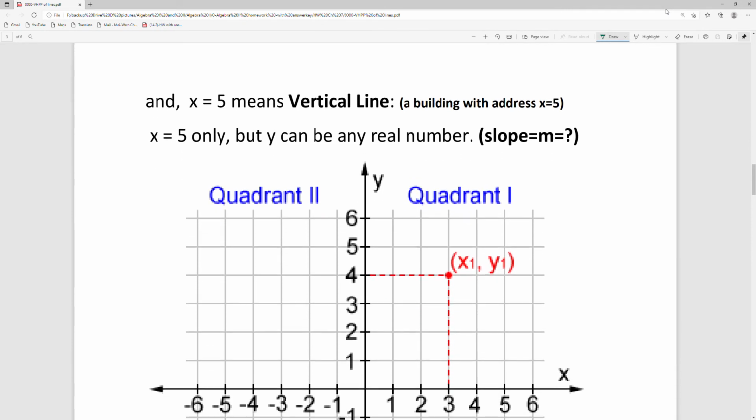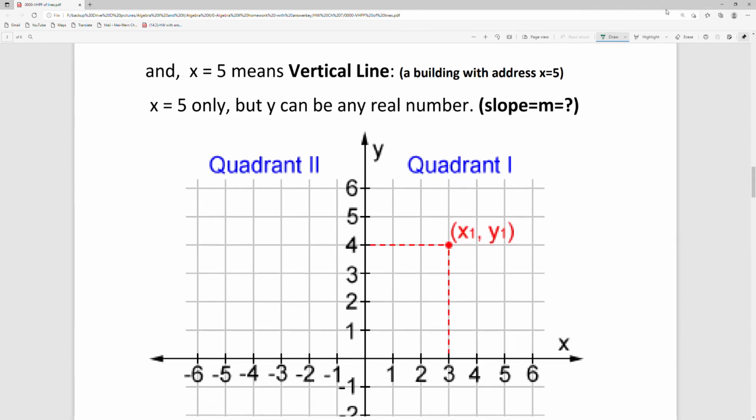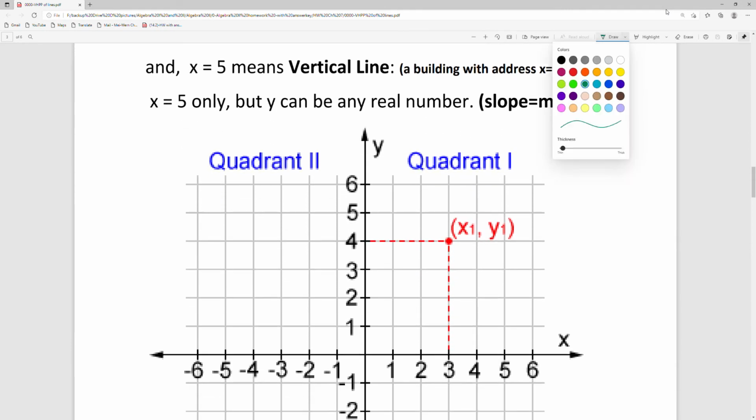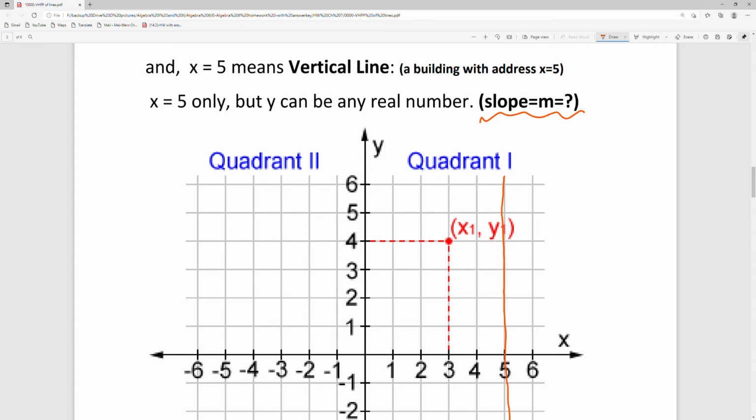If we keep going, if you have x equals 5, then we have a vertical line. We talked about that earlier. Then the problem is easy. You say x equals 5 and you just learned this is the equation of a vertical line.